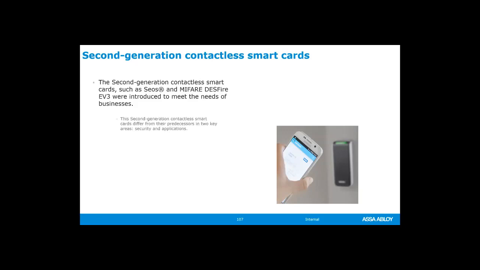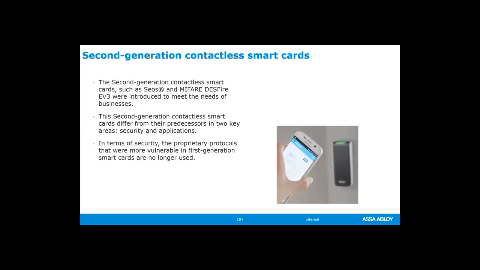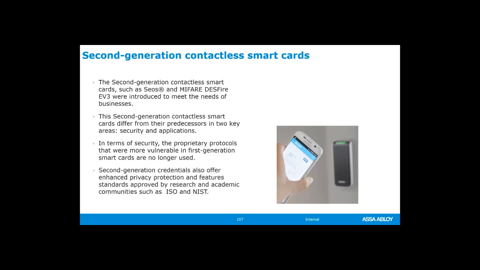The second generation of contactless smart cards differ from their predecessors in two areas: security and application. In terms of security, proprietary protocols that were more vulnerable than the first generation cards are no longer used. Second generation credentials also offer enhanced privacy protection and feature standards approved by research and academic communities such as ISO and NIST.